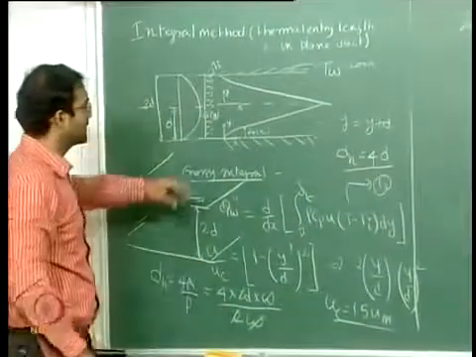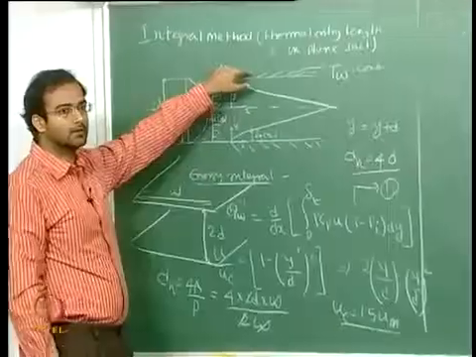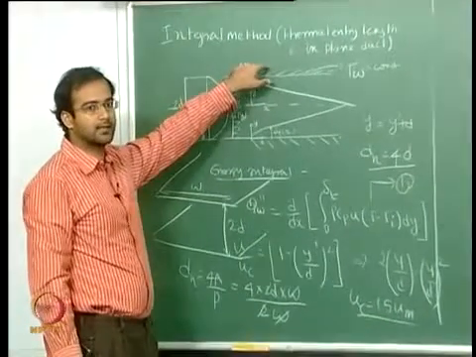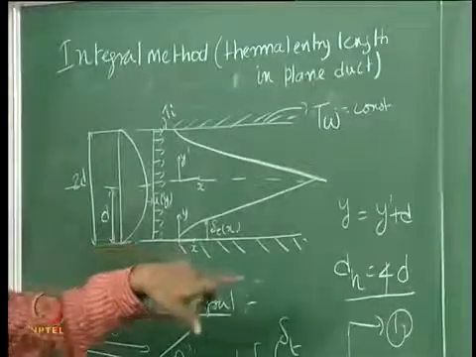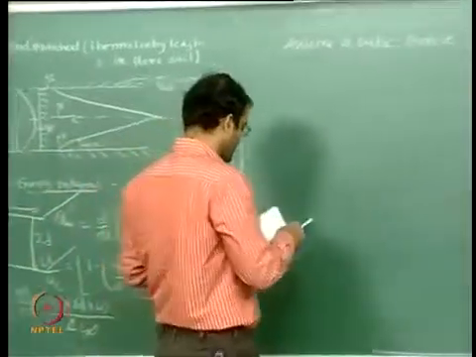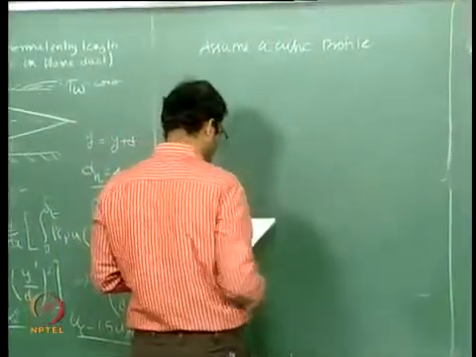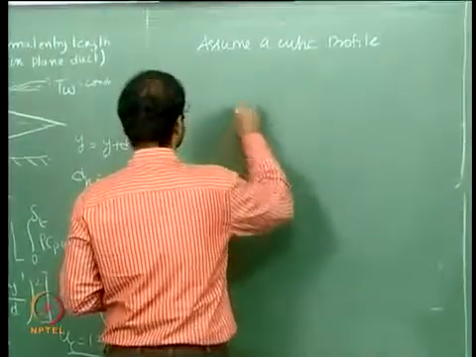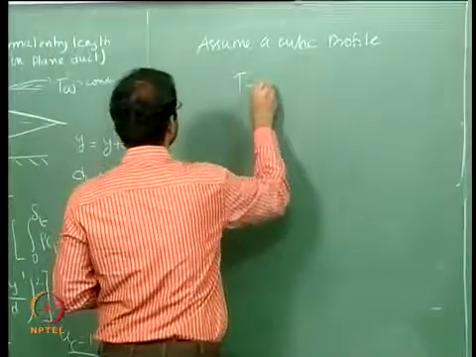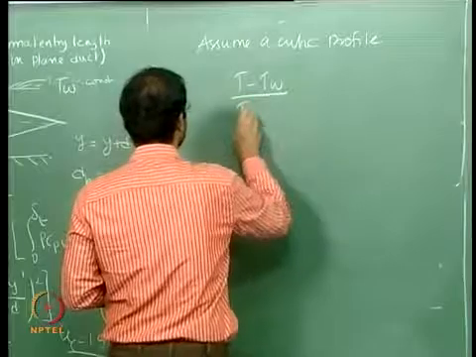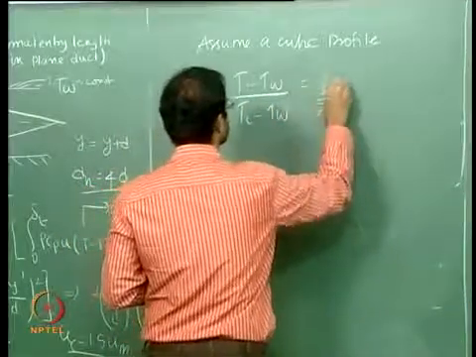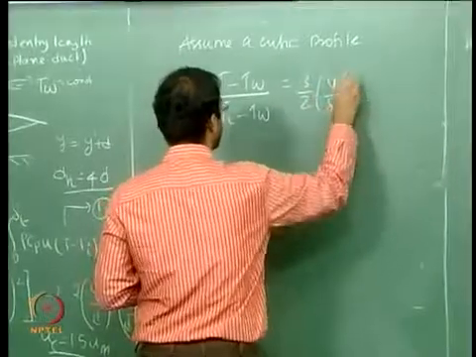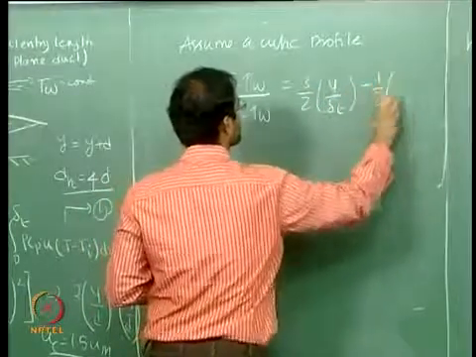So rather than saying the gradient is equal to minus q wall by k, you say that at y equal to 0, T is equal to T wall, which is a fixed boundary condition, and the other boundary conditions remain the same. You get a profile which is something like this: (T minus T wall) by (Ti minus T wall) equals 3 by 2 y by delta t minus half of (y by delta t) cubed.